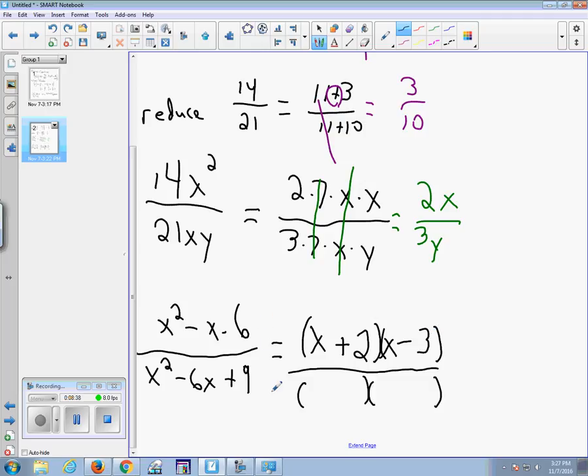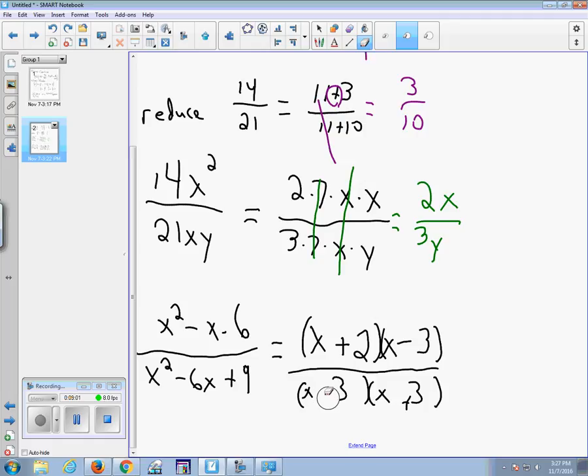Boom. We're good. Down here, 9's a perfect square. X squared's a perfect square. I'm thinking we've got a perfect square trinomial here. Let's check. X times x is x squared. Plus 3x is 6x. Oh, I want minus 6x.